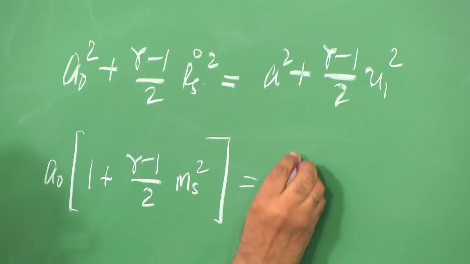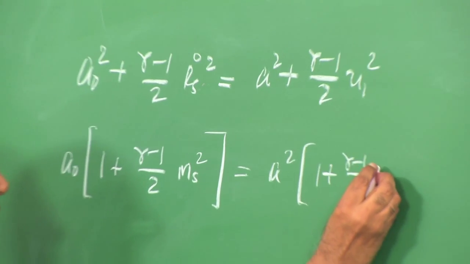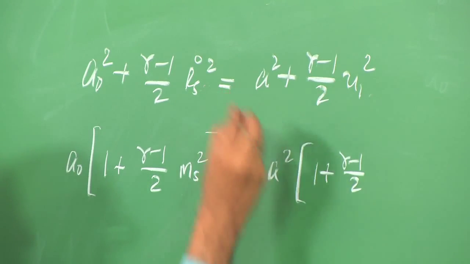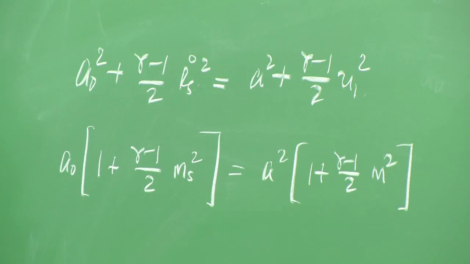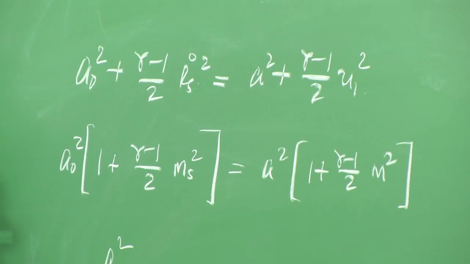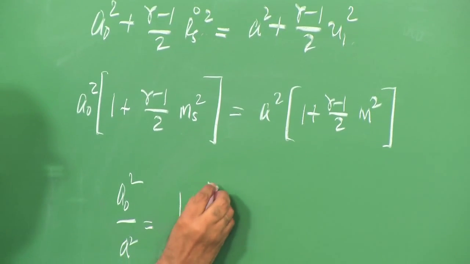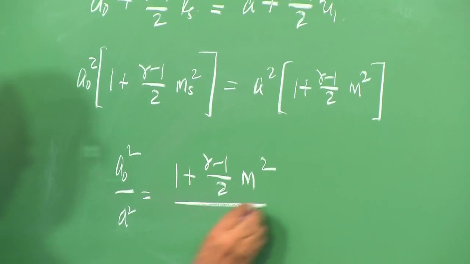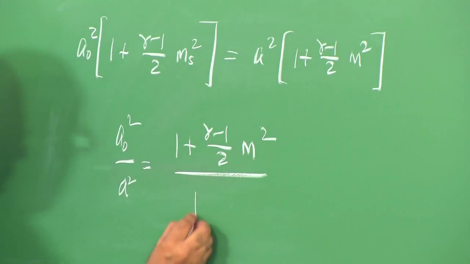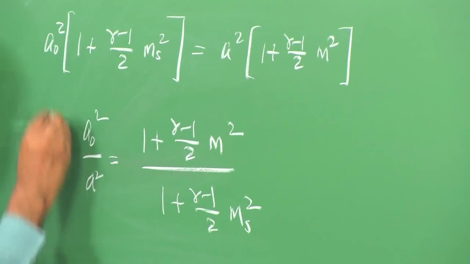Similarly, I take A squared over here and I get 1 plus gamma minus 1 divided by 2 into u1 by A whole square, which is equal to the Mach number behind the shock, M. And therefore I get A0 squared divided by A squared is equal to 1 plus gamma minus 1 divided by 2 into M squared divided by 1 plus gamma minus 1 by 2 into Ms squared.